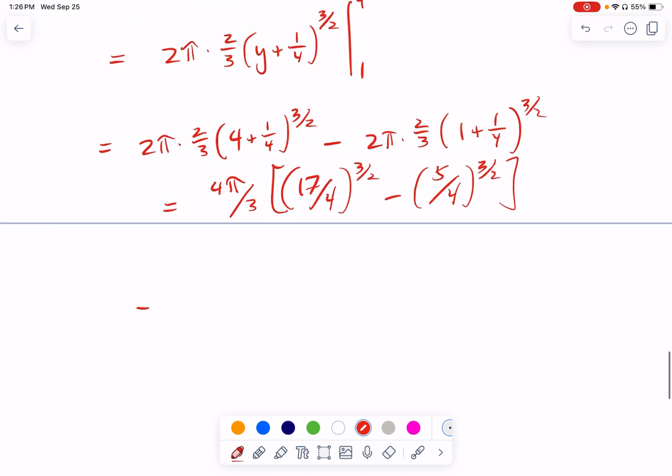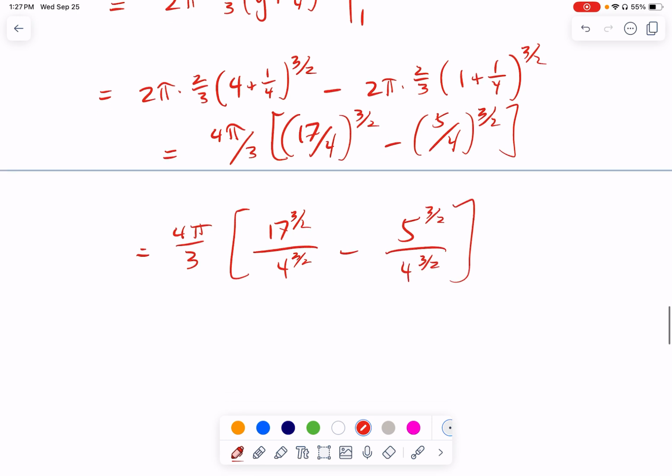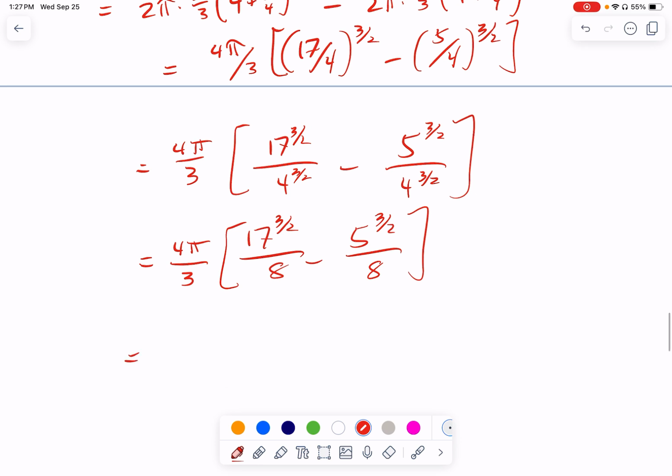If you really wanted to, we could continue to simplify. This would be 17 to the 3/2 over 4 to the 3/2 minus 5 to the 3/2 over 4 to the 3/2. 4 to the 3/2 is 8. So we can combine those with a common denominator of 8.